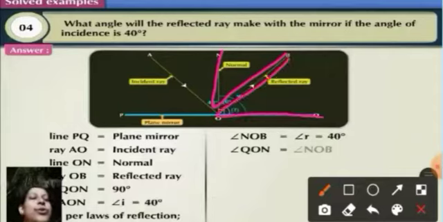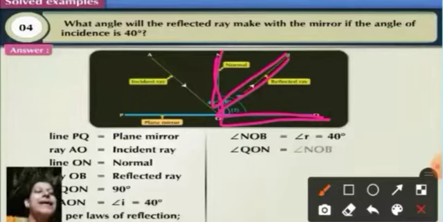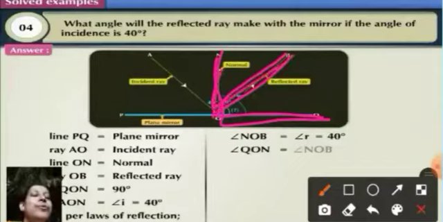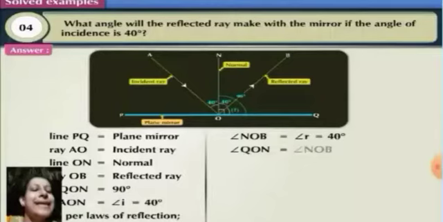Together they make the full angle, that is 90 degree. Therefore angle QON is equal to angle NOB plus angle QOB, and these two angles together are equal to 90 degree.